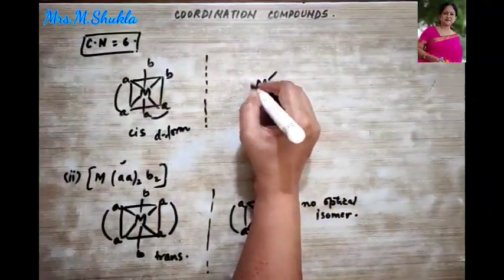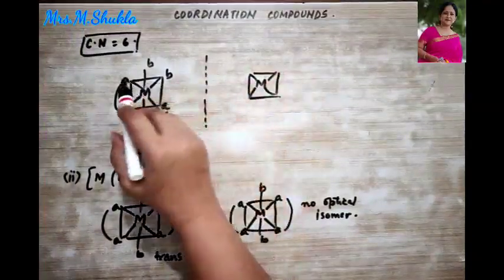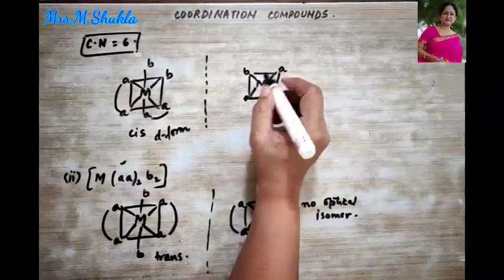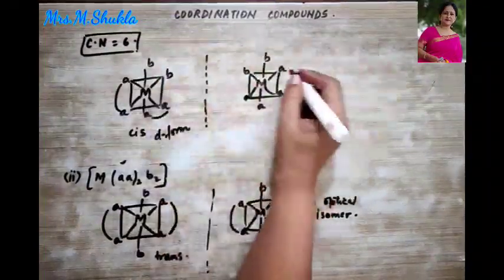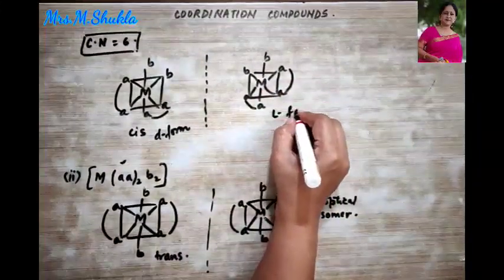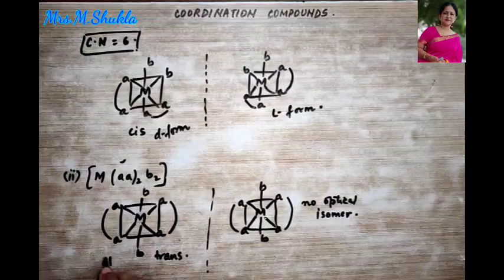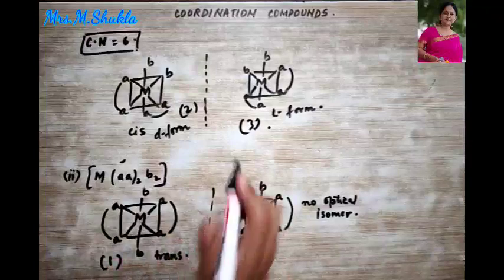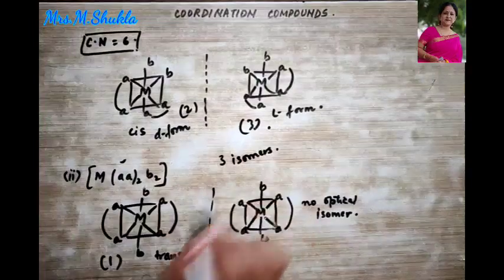So let's observe whether it forms L form or not. If this part comes this side, it becomes A, B, A, this is B, this is A, this goes the other side, right? And this comes the other side. So it forms the L form. So I hope you have understood how many? 1, 2, 3. As I said, 3 isomers will be formed over here.